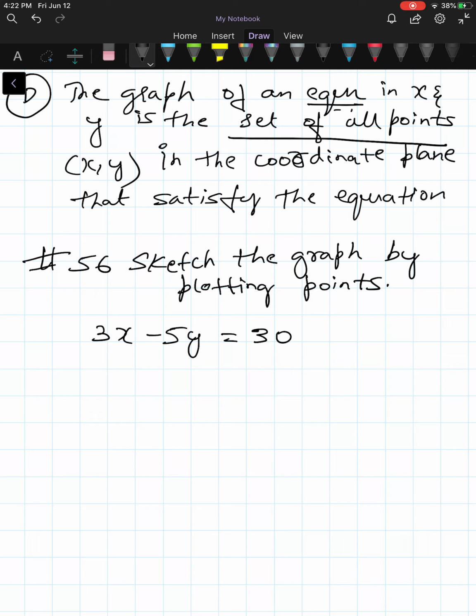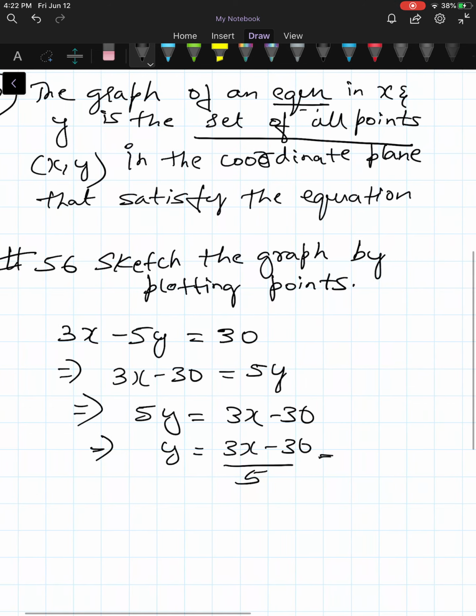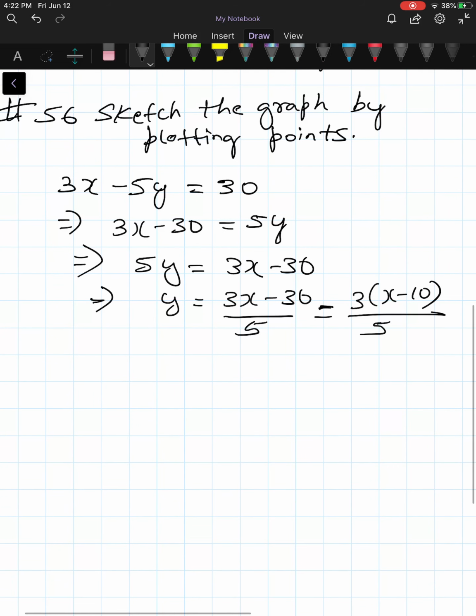I will do the traditional way of expressing y in terms of x. That implies 3x minus 30 would be 5y, so 5y is equal to 3x minus 30. That implies y is equal to (3x minus 30) divided by 5. That is nothing but 3 times (x minus 10) divided by 5, because 3 is common in the first and second terms of the numerator.